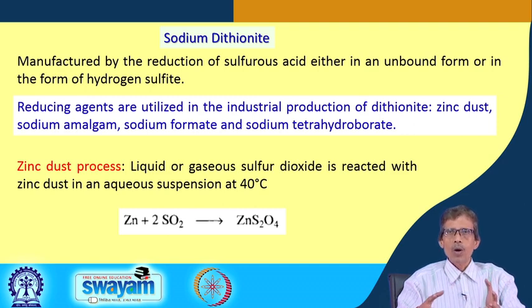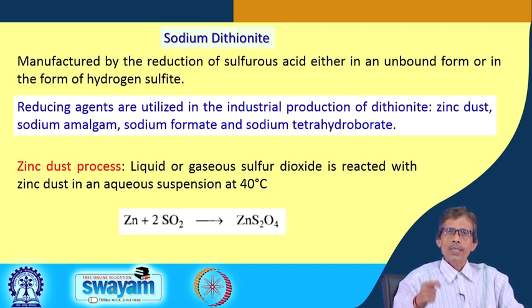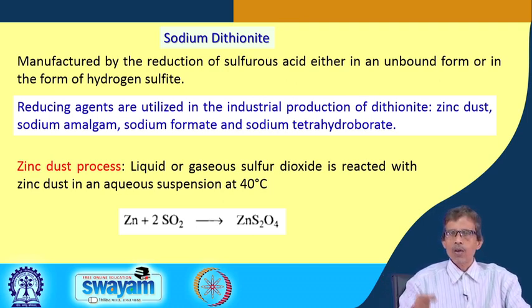Similarly, with an organic thiol molecule like 2-aminothiophenol or simple thiophenol, if you oxidize it with hydrogen peroxide or any other oxidizing agent, you end up with a sulfur-sulfur bond.